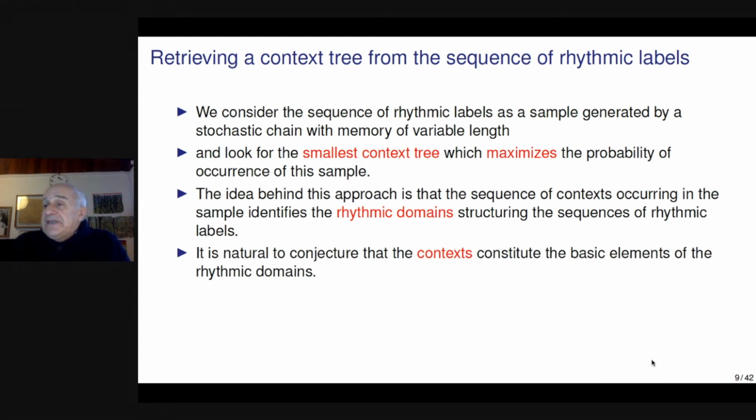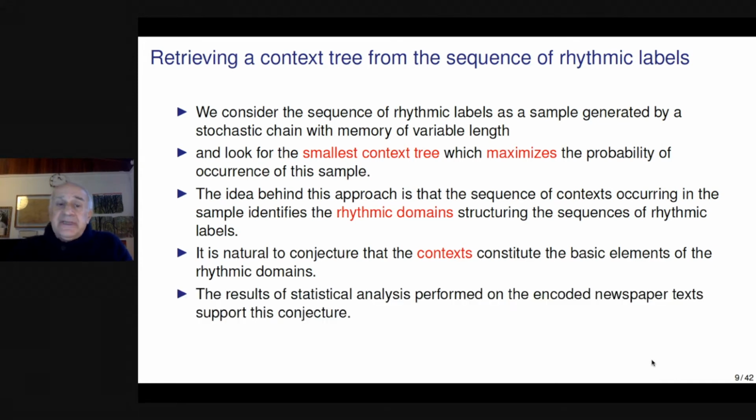So it's natural to represent the whole sequence of rhythmic labels as a sample generated by a context tree model, to see if the contexts which appear at each step will give you a hint about the rhythmic domains which are behind.